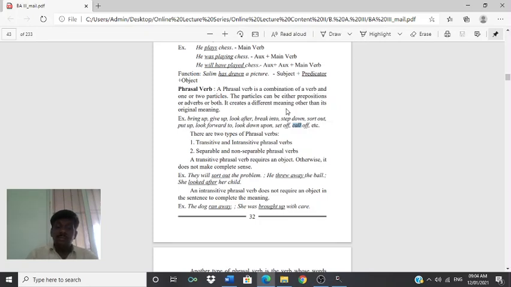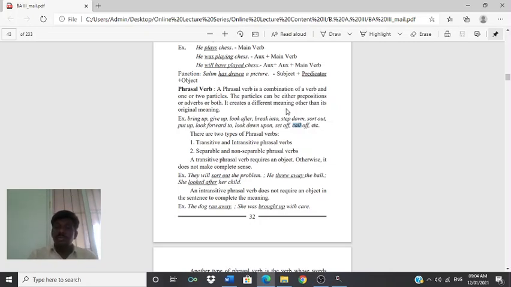And then there is an intransitive phrasal verb, transitive, intransitive. कर्तरी, आपण ज्याला मराठीमध्ये म्हणतो कर्तरी क्रियापद, की ज्याच्यामध्ये कर्माची आवश्यकता नसते. In कर्तरी क्रियापद, intransitive phrasal verbs do not require an object in the sentence to complete the meaning.